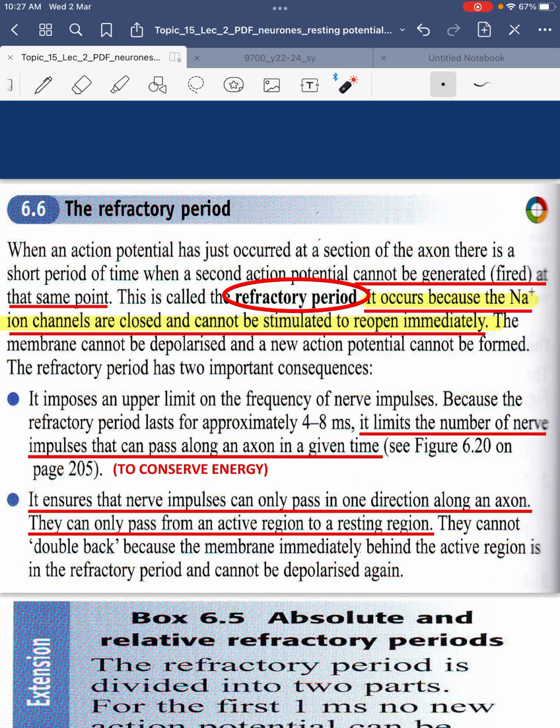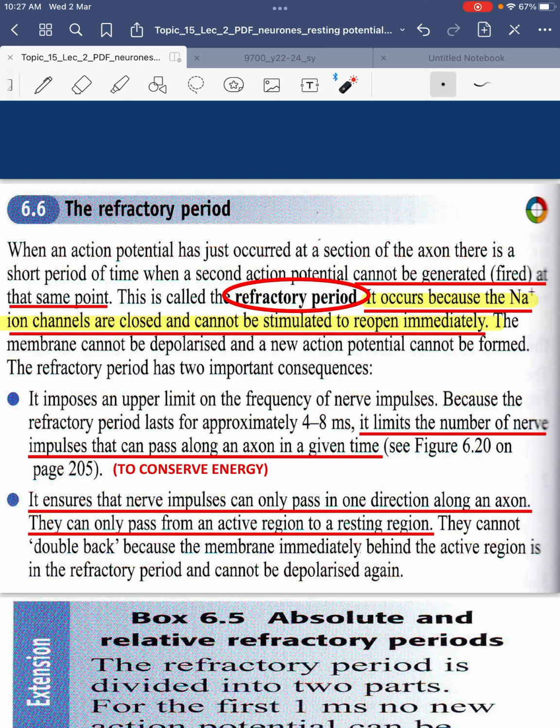So there are two important things about a refractory period. It limits the number of nerve impulses that can be fired per unit time, that can pass along an axon in a given time.